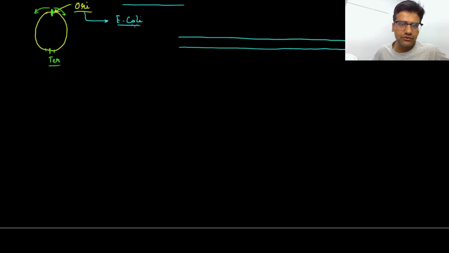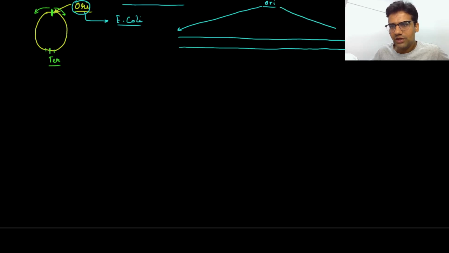I am zooming in on this origin of initiation part. This is the region which we call the ori region. Let us say this is the 5' end, this is the 3' end, this is 3', and this is the 5' end of the DNA. This is only the DNA of the ori region.